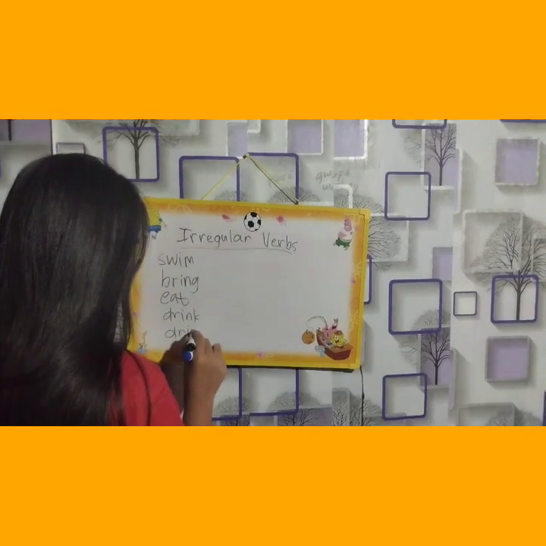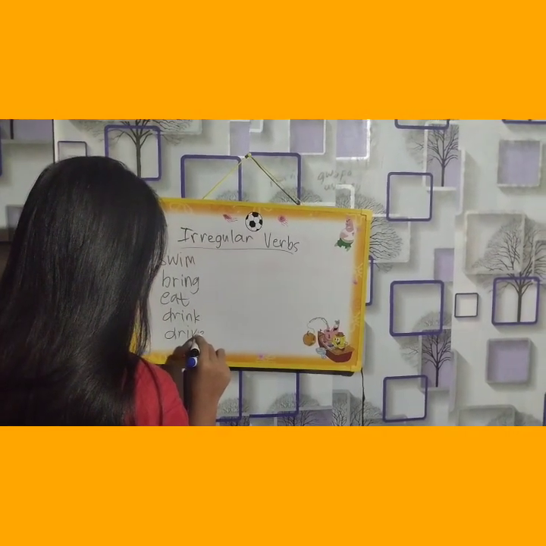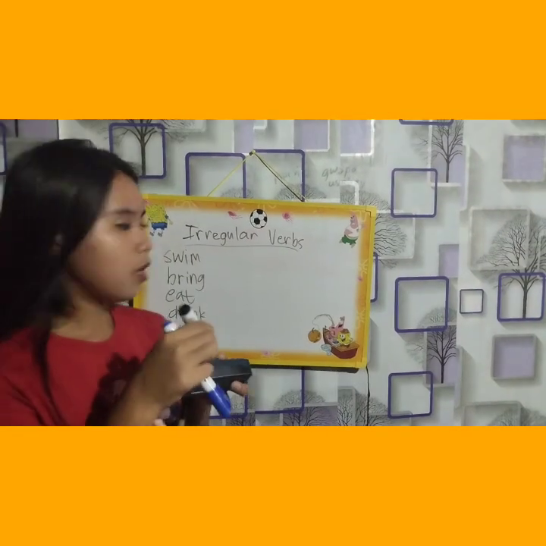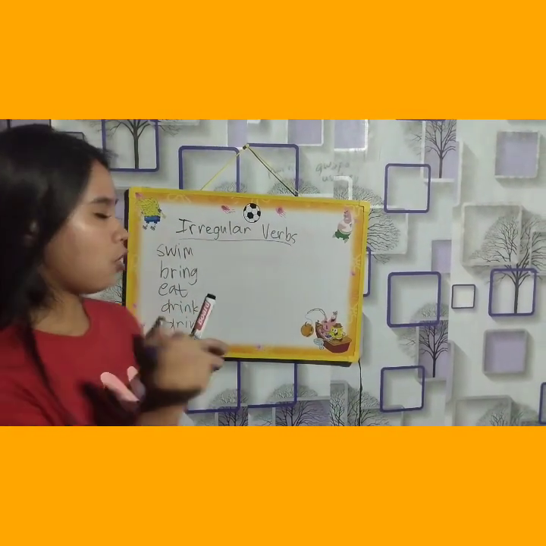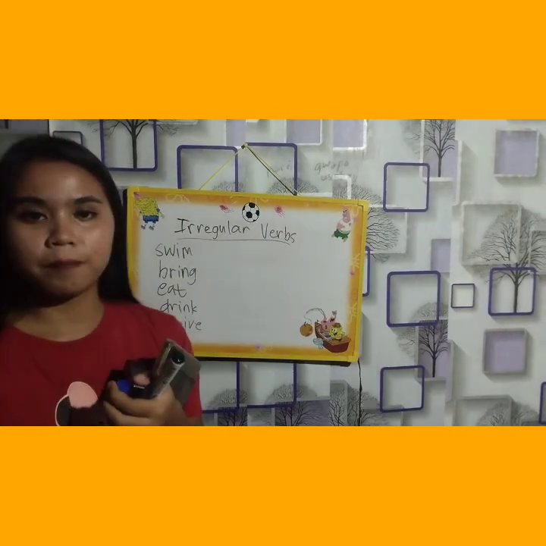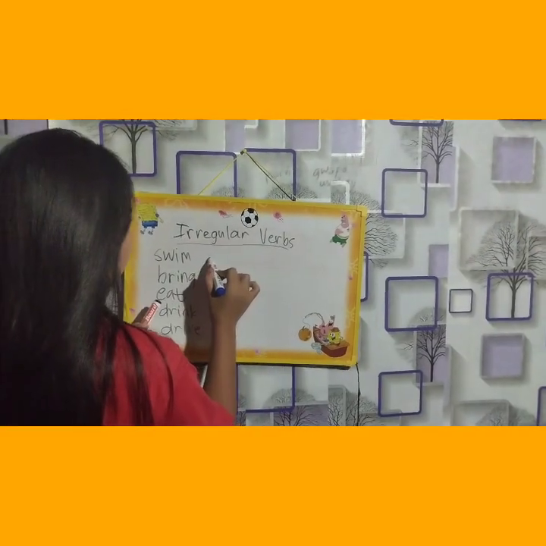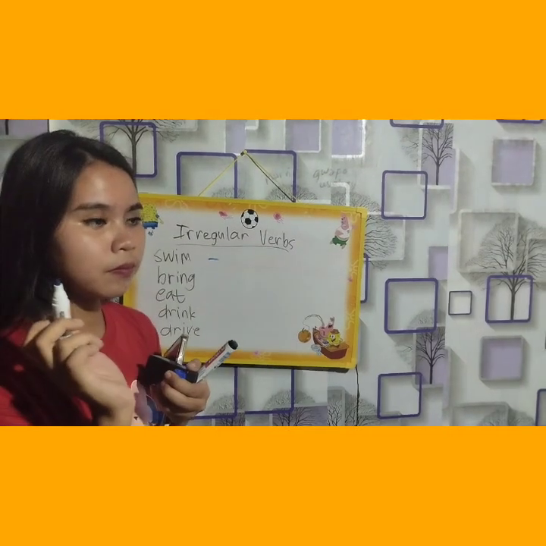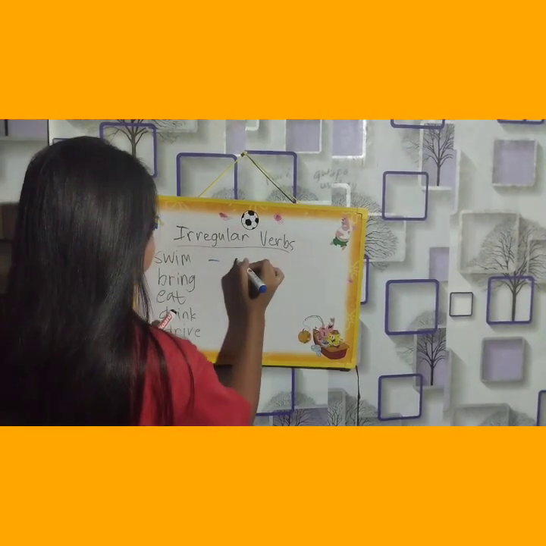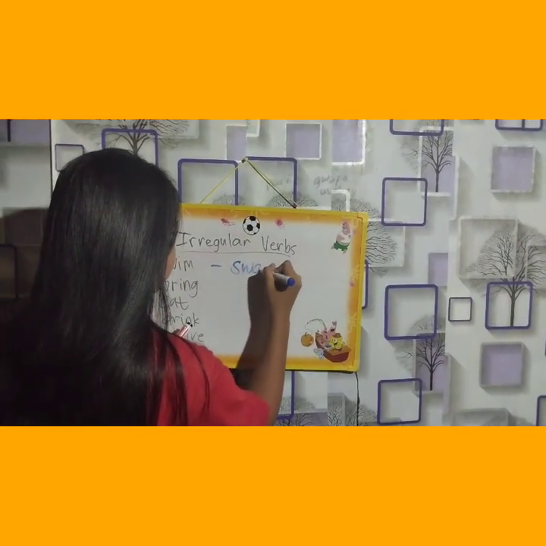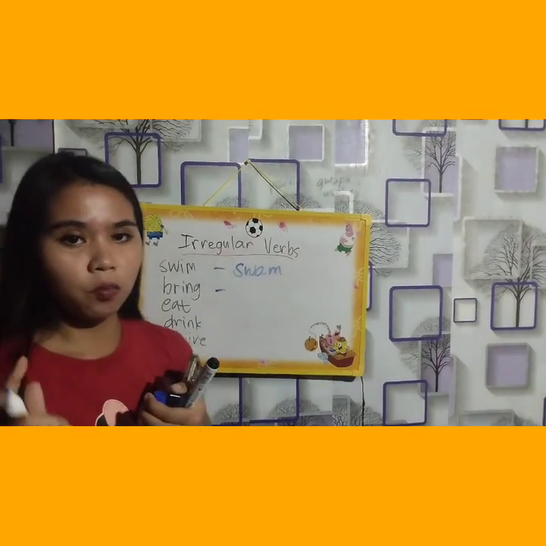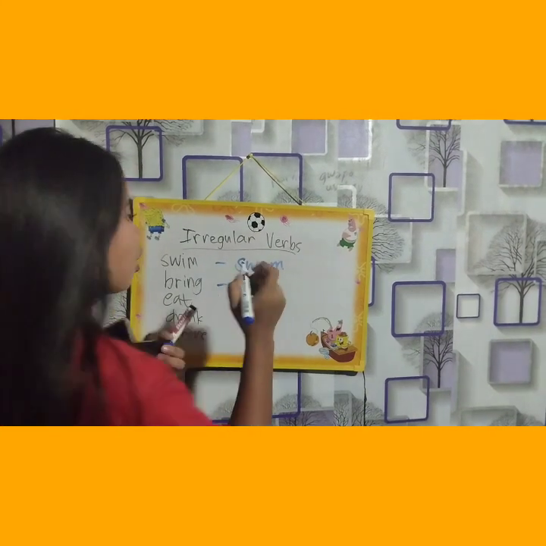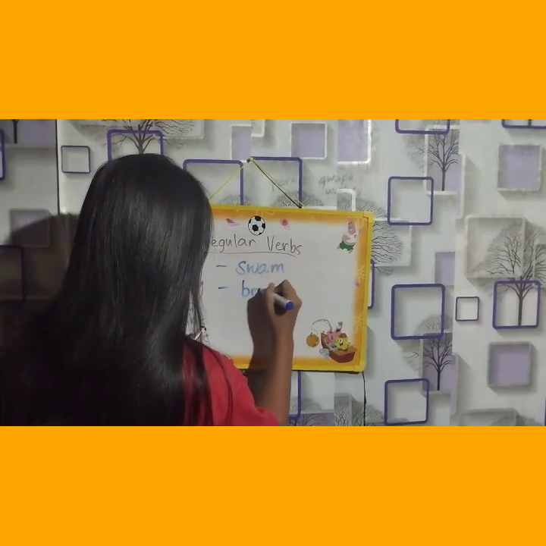So now, let us try to give the past tense of these verbs. So, who can guess for the first one? This is swam. For the second one, brought. Very good.